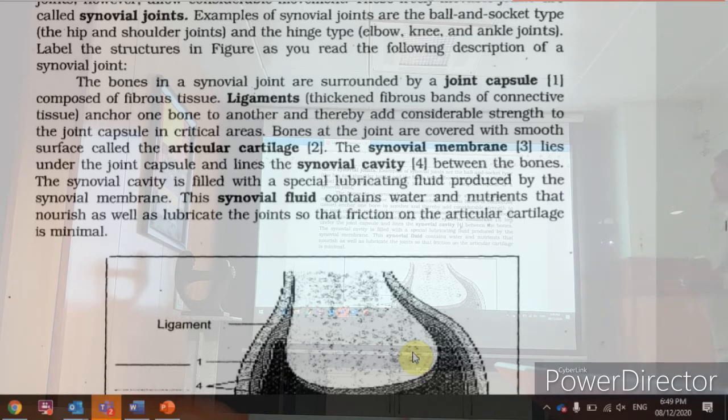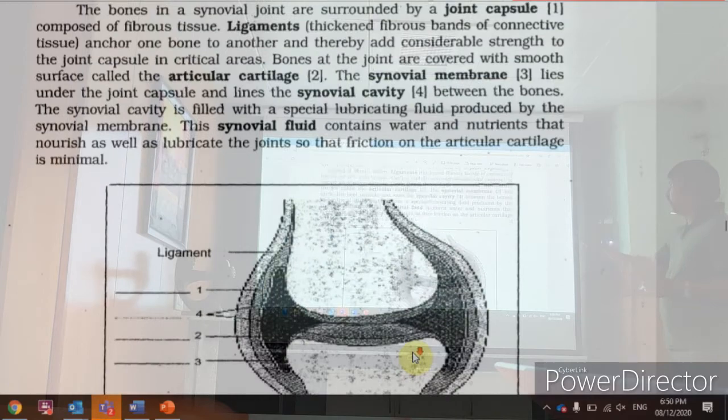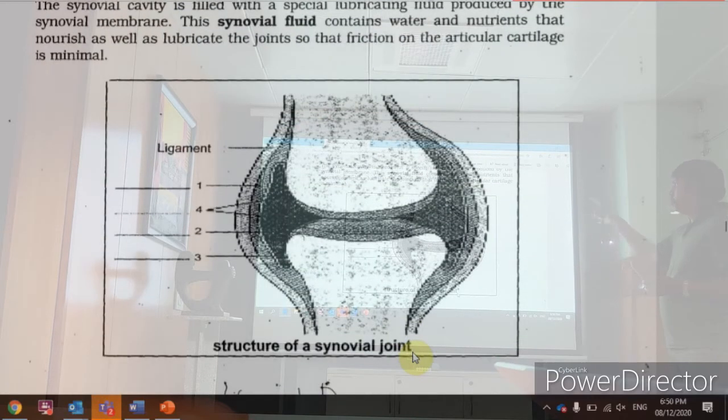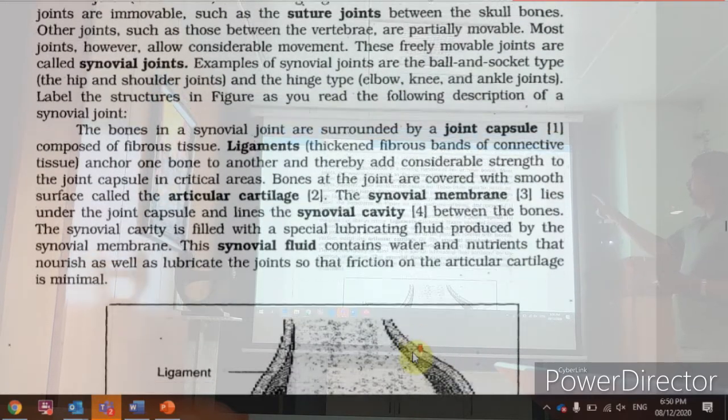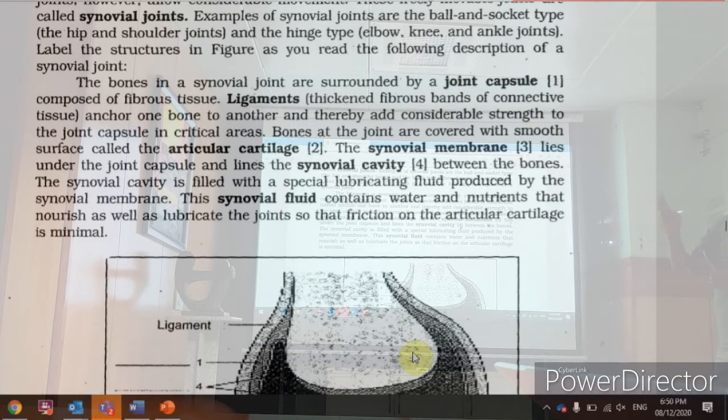It is covered by a surface known as articular cartilage, and then you have a synovial membrane. Under the capsule it is mentioned, and it is lined by a synovial cavity between the bones. The synovial cavity is filled with a fluid known as synovial fluid. The diagram is the same. One is the joint capsule. Two is articular cartilage.